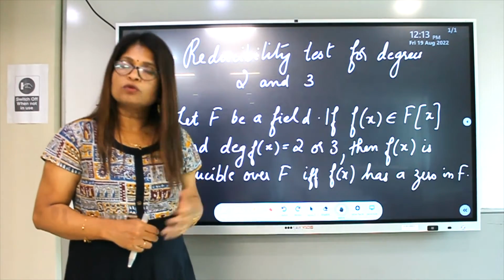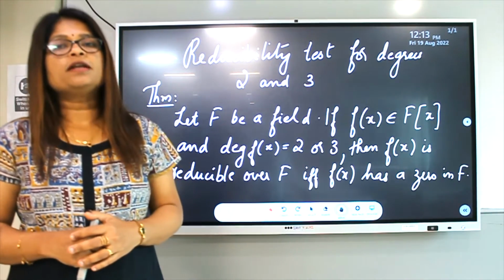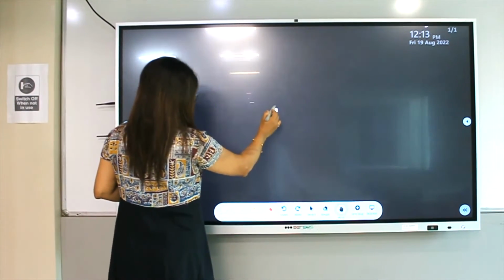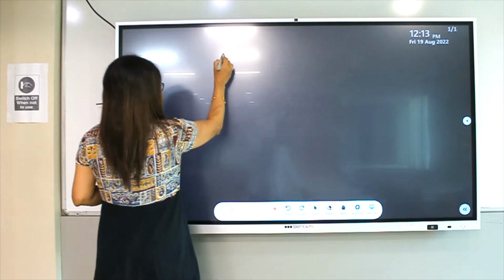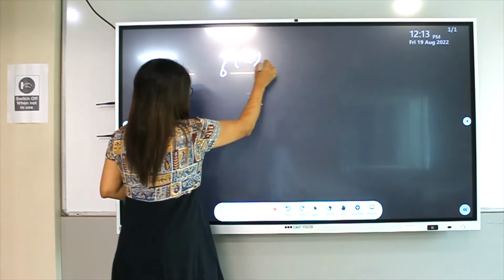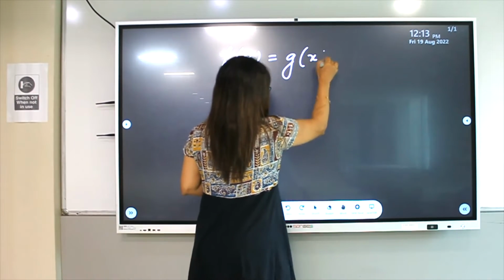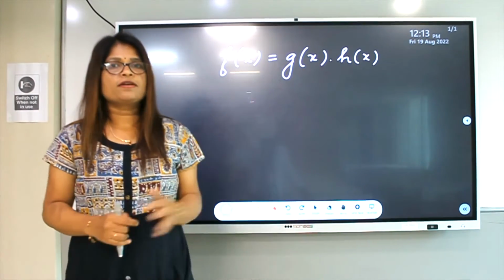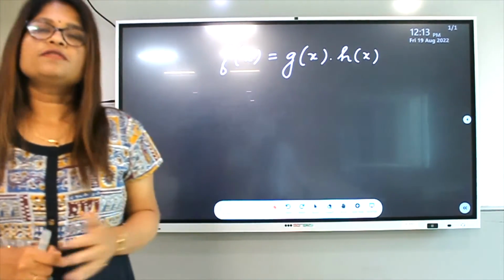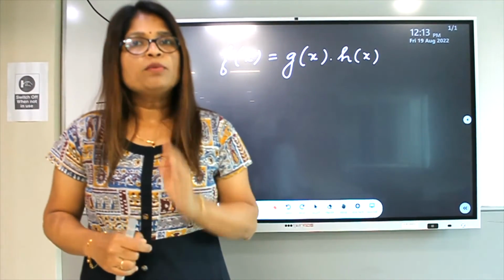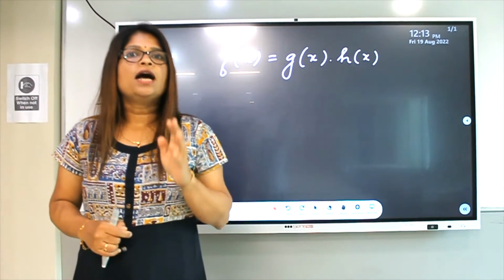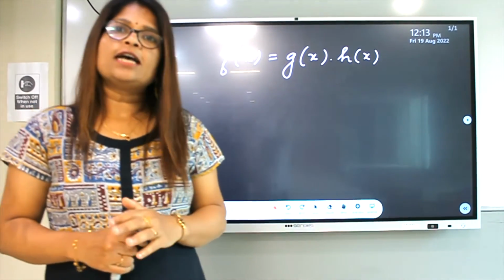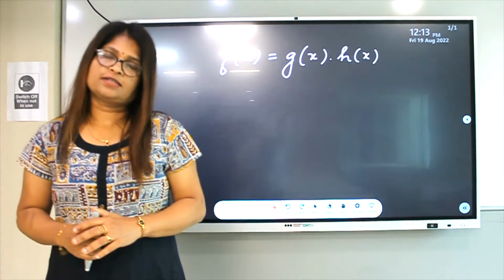Suppose that f(x) can be written as the product of g(x) and h(x), where both g(x) and h(x) belong to F[x] and have degrees less than that of f(x).